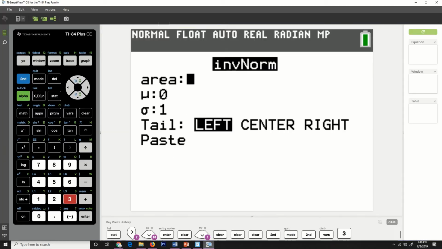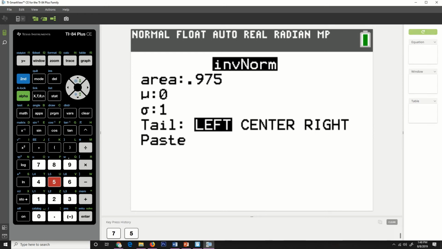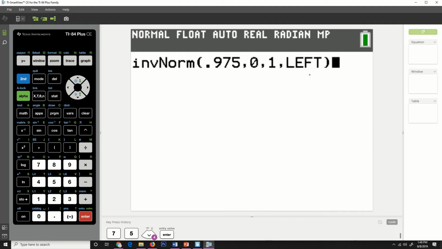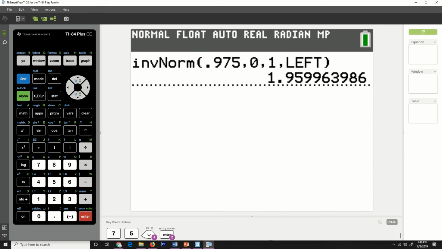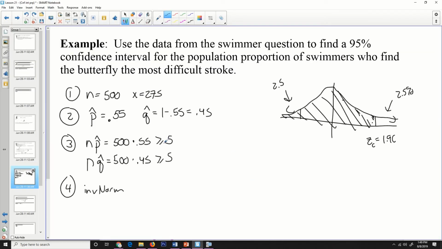So my area is 0.975, the mean 0, standard deviation 1, and we go down to paste and hit enter. Again you can see 1.95996. Rounding to 4 decimal places, the 6 is above 5, that rounds the 9 up, which rounds the 5 up, so I'll have 1.9600, which is what I have right here.